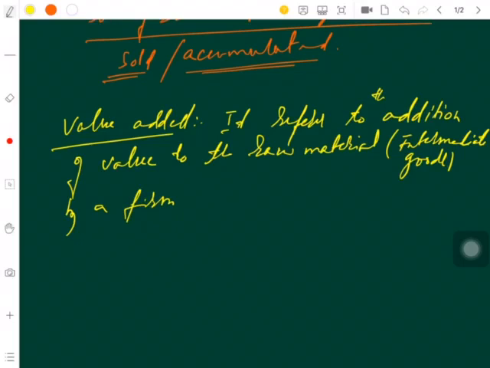This is something which is added by a firm by virtue of its productive assets or activities.